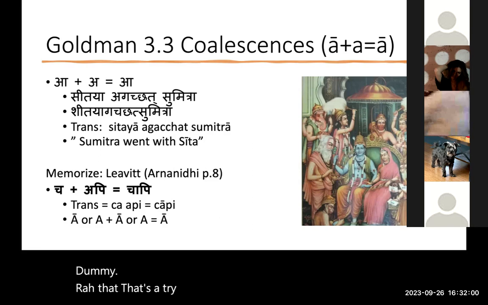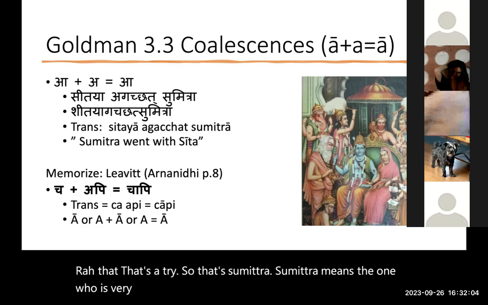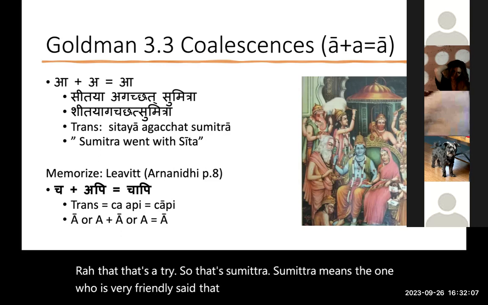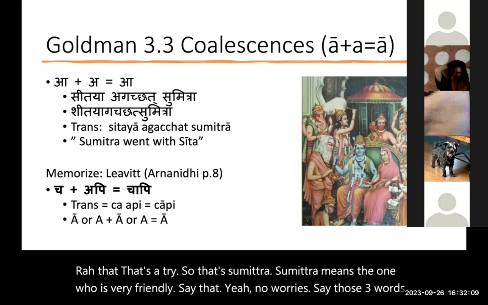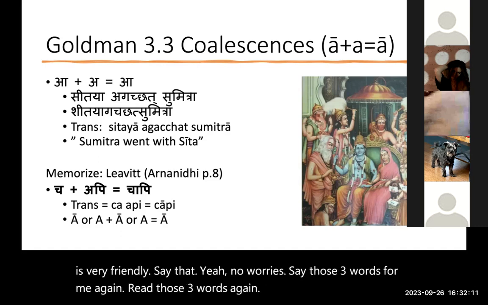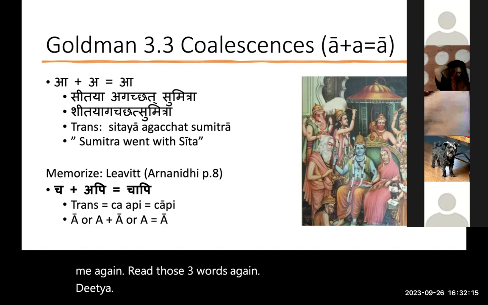So that's Sumitra. Sumi means the one who is very friendly. Oh, I didn't see the you. Yeah, no worries. Say those 3 words for me again. Si, ta, ya, aga, chut. Yep. Sumitra. Excellent.